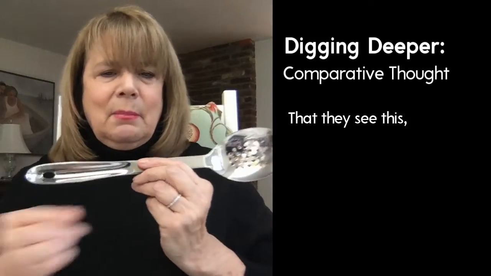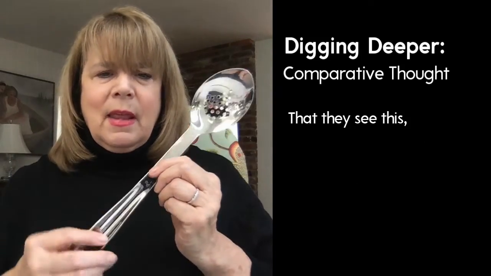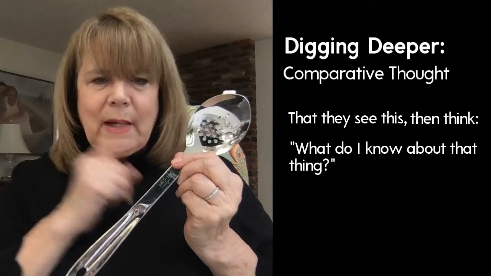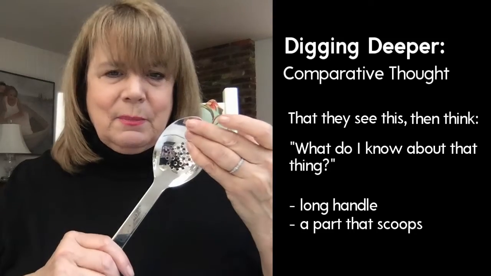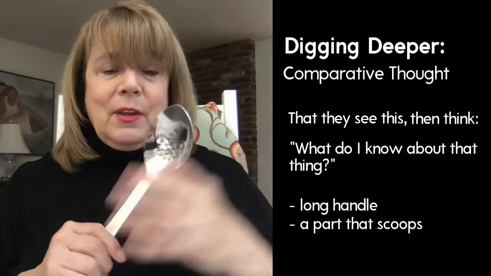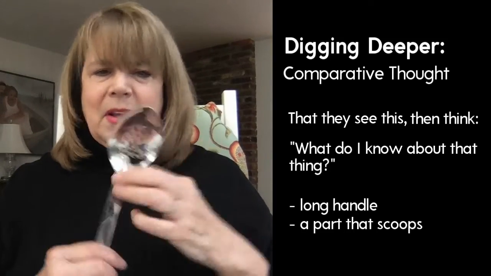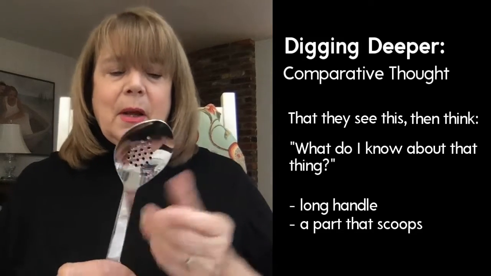They see this and maybe for a moment it stumps them, and then they think, what do I know about that thing? Long handle and a part that scoops. There are holes in the bottom of this. I need to find out what those are there for, but I think that's a spoon.